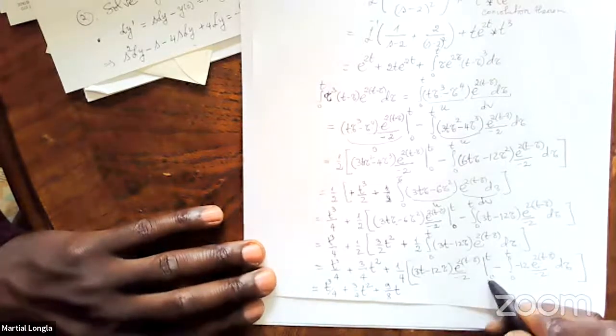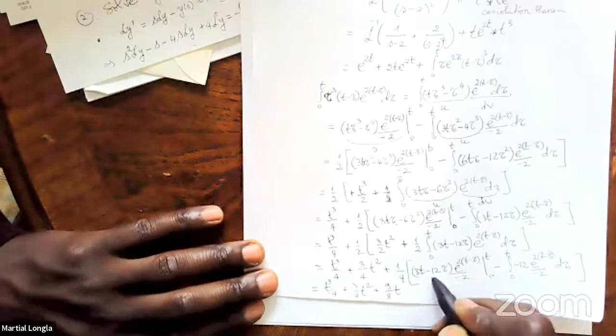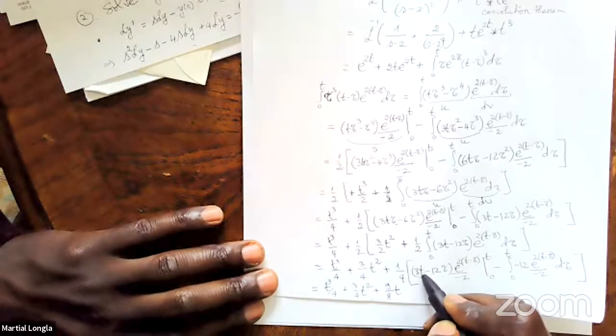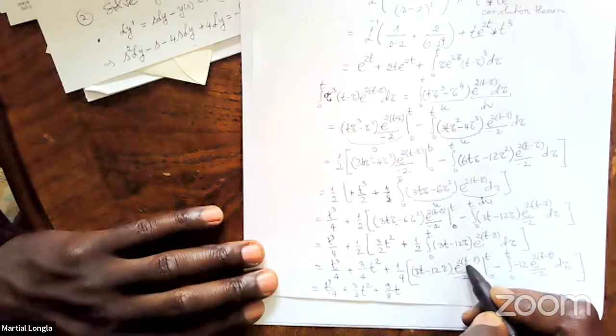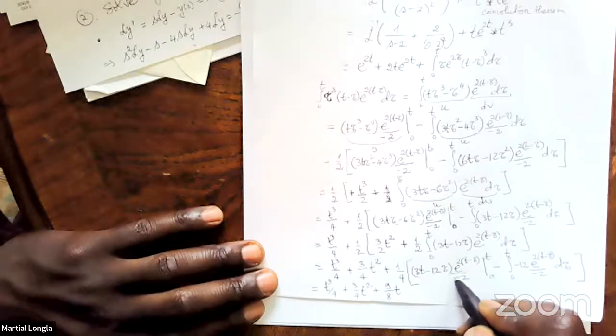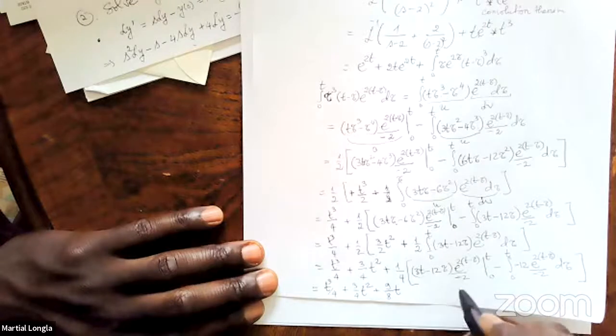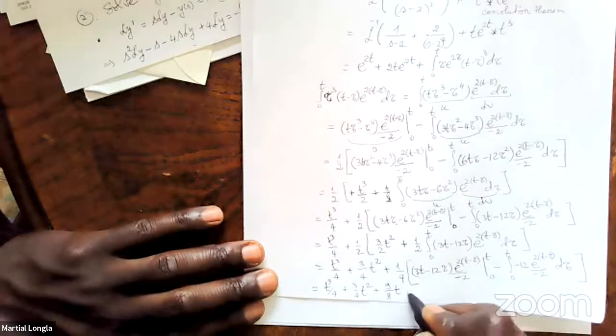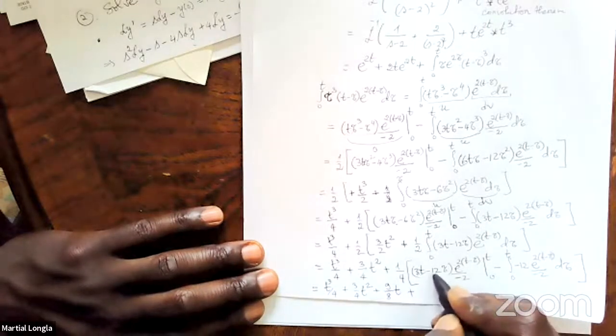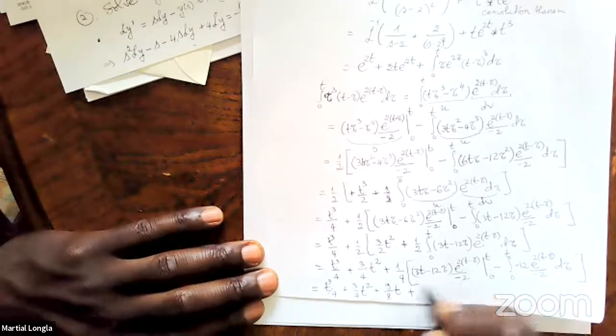Then we plug in 0. And when we plug in 0 here, this becomes 3t e to the 2t. And with the minus here, it becomes plus. Minus minus becomes plus. So that's plus 3, and then 2 times that.